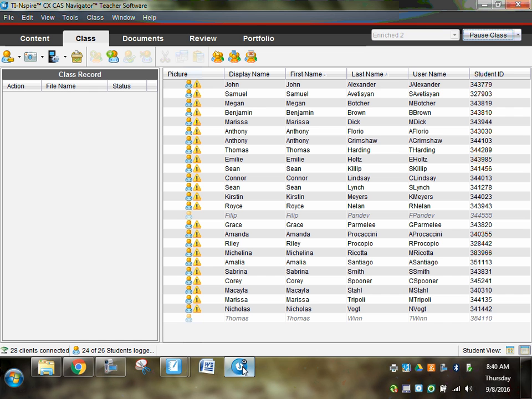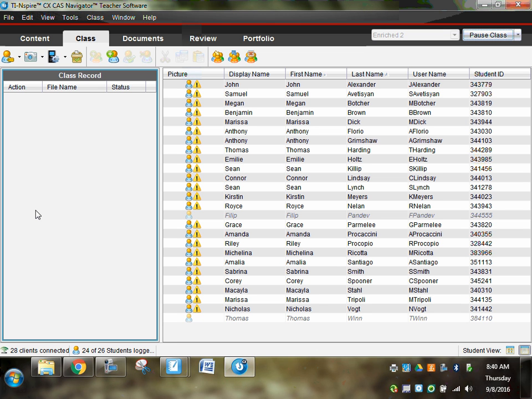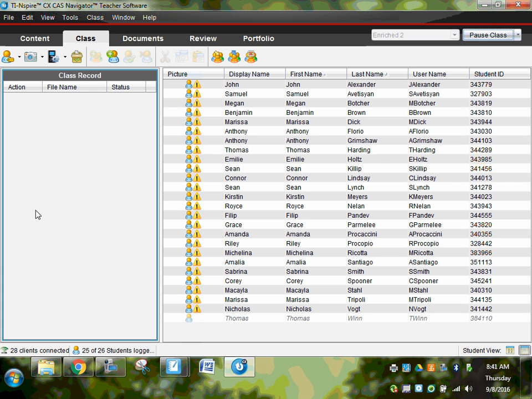By the way, is there anybody that it didn't work for? Yes, what's your name? Is it not letting you log in? Yes, perfect. Now, some of you are going to have this error come up sporadically because these calculators are used constantly. See right now how the login on his screen was grayed out?